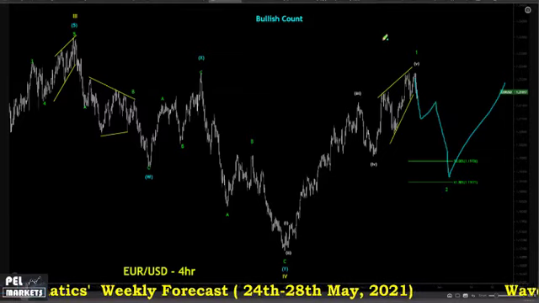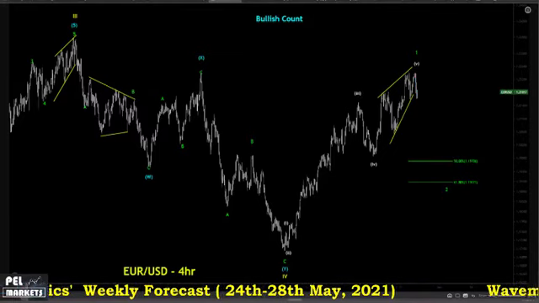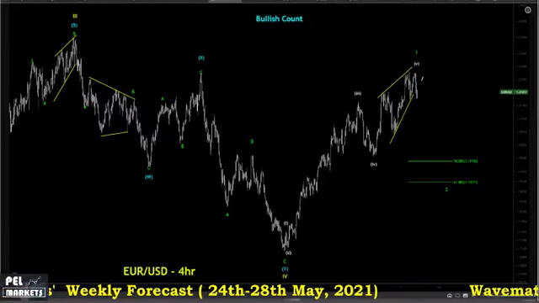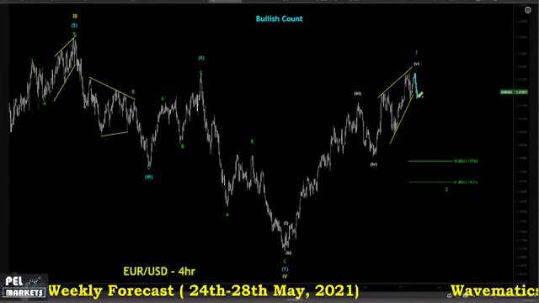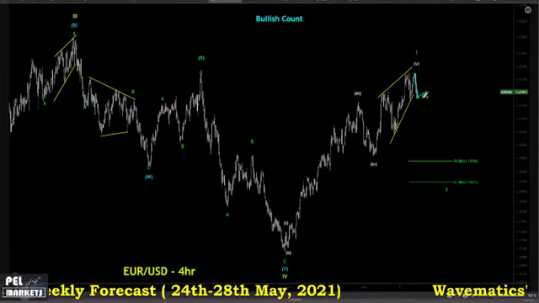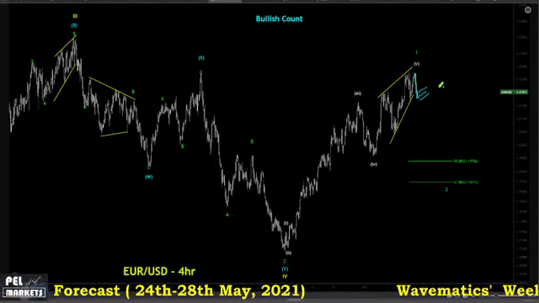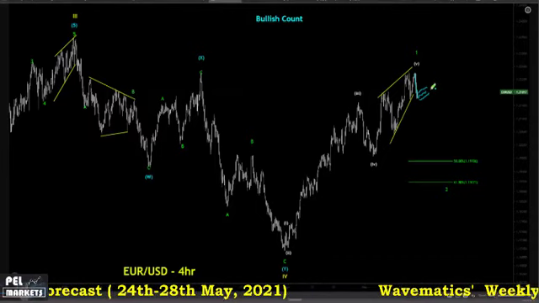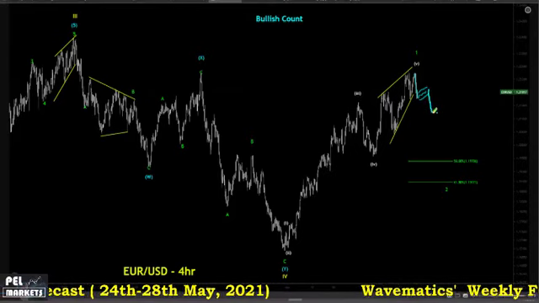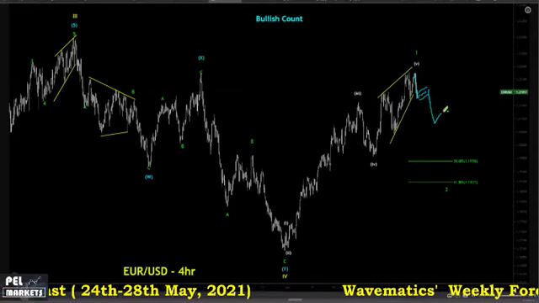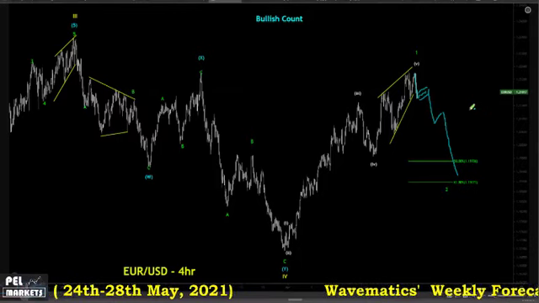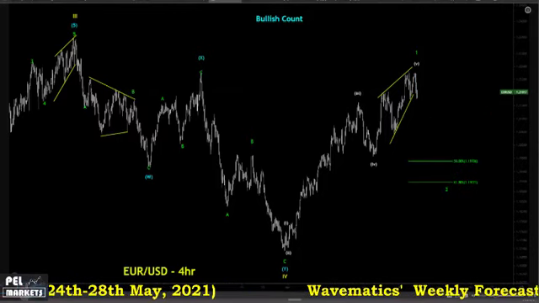Now how we are going to trade this particular one is, we've had an impulse down, if we get any correction like this, you can look on a lower time frame. Once you get any flag correction or any kind of pullback, then you can sell it down before we get something like this.